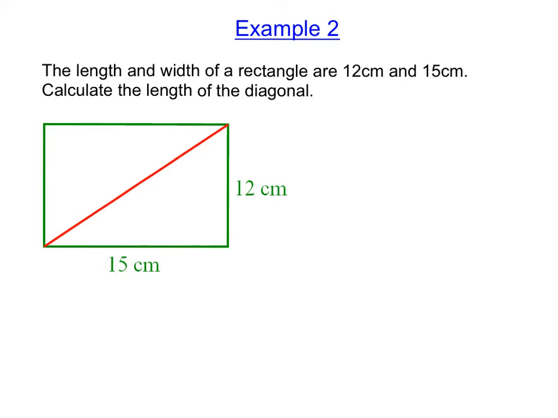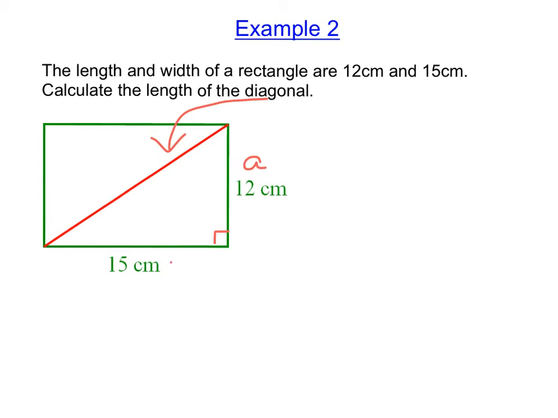Now I have a rectangle and I know the length and the width of the rectangle, and I want to find the diagonal, which is right there. Because it's a rectangle, we know that this is a right angle. And that says if it's a right angle, I can use my Pythagorean theorem.